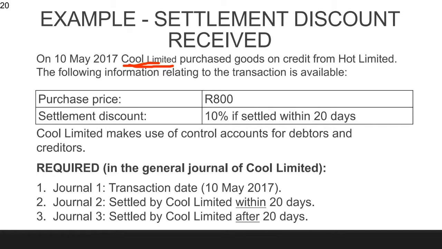The following information relating to the transaction is available, right? So the transaction price was 800, right? So that was the price of the transaction. Then they offered us a settlement discount of 10% if we paid within 20 days, right?